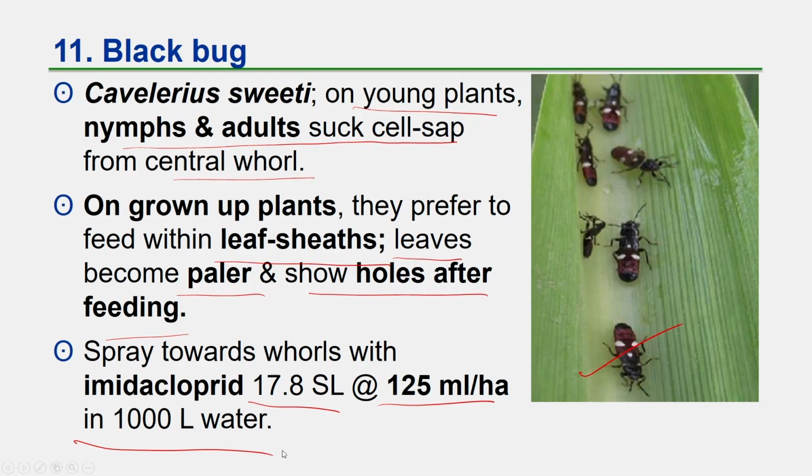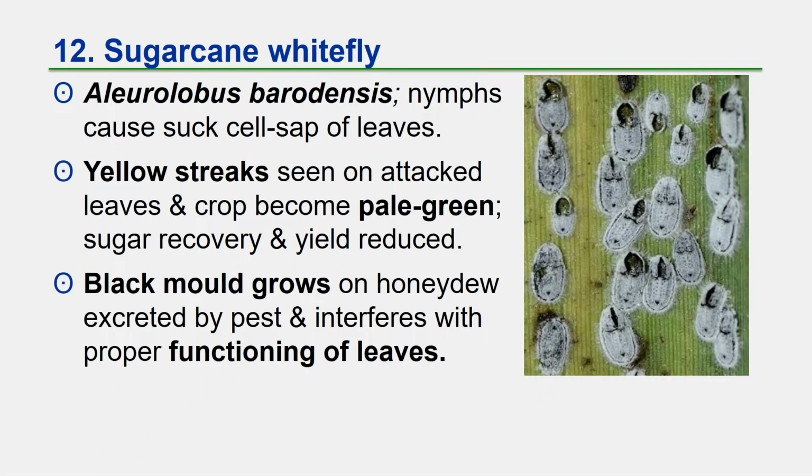Number 12 insect is the sugarcane whitefly. You can identify the whitefly in the right side picture. Aleurolobus barodensis is the name. Nymphs are important, they suck the cell sap.